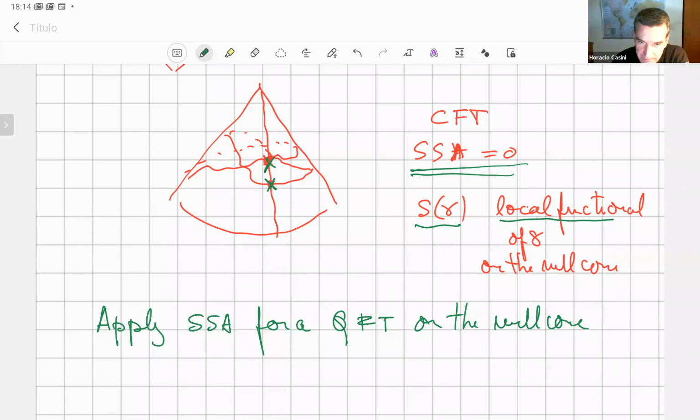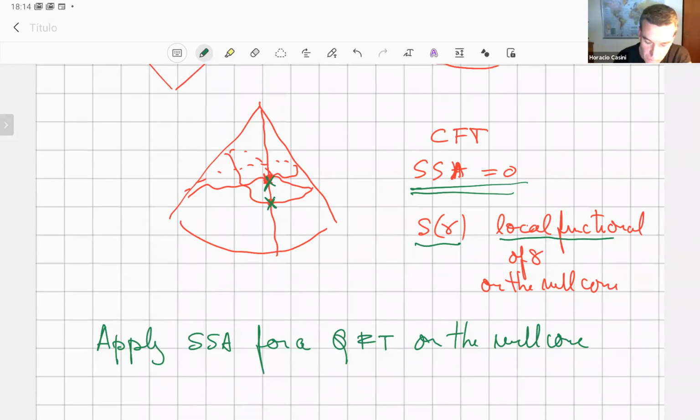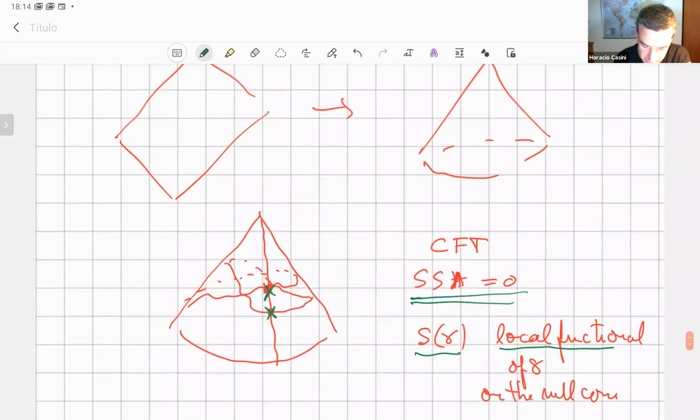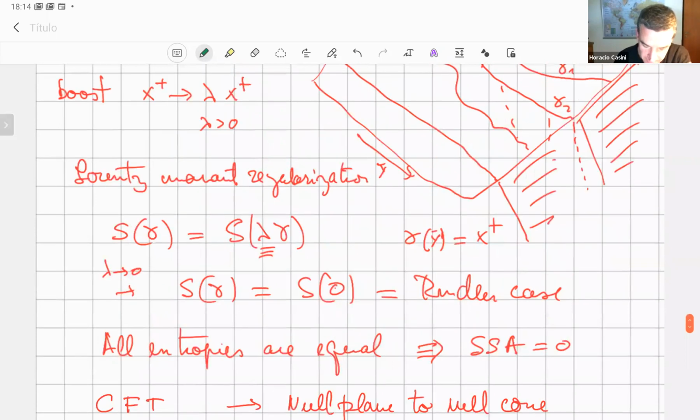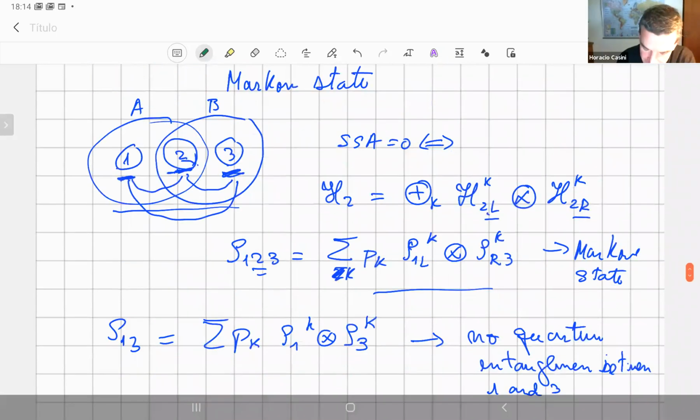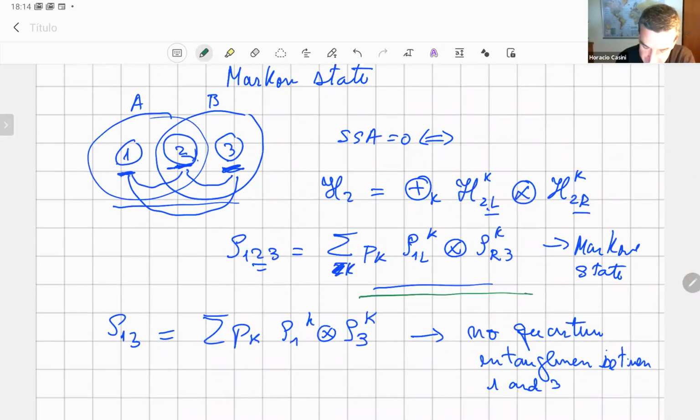So the saturation of strong subadditivity is a property of the state in the 1, 2, 3 regions, let's say. So you have to have this structure of the state. When you say your state has this structure, it is a state in 1, 2, 3, in the full region. It doesn't matter what happens outside.